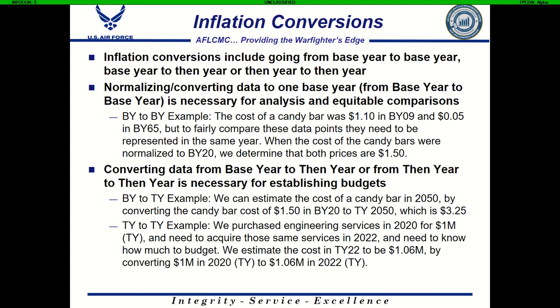We can then estimate the cost in 2022 to be 1.06 million by converting the 1 million in 2020 to the 1.06 million in 2022, again using a weighted index table.